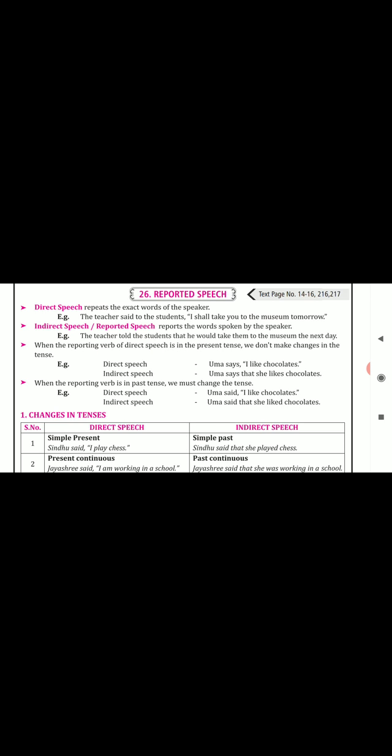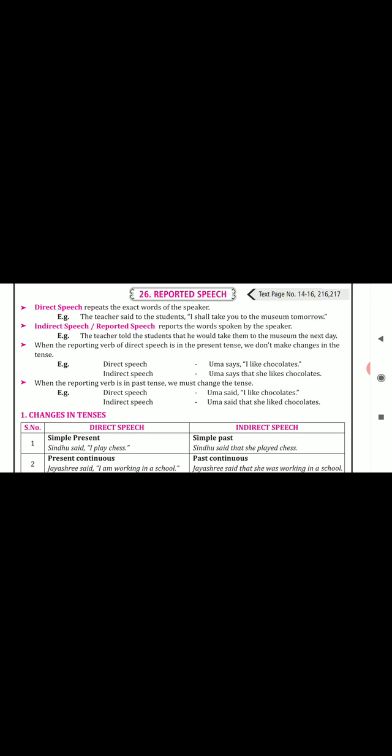In the reporting part, we have the teacher, the speaker, and "said," which is called the reporting verb, and also the students, who are called the listener. In the reported part, we can have a full sentence with subject, verb, and so on. Here, I is the subject, shall take is the verb, you is the object, and to the museum and tomorrow are adverbs.